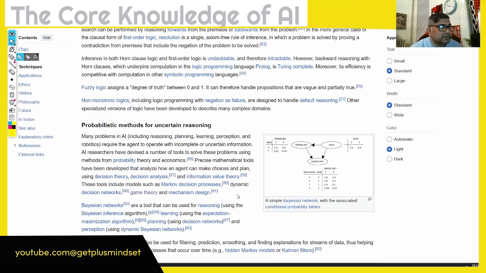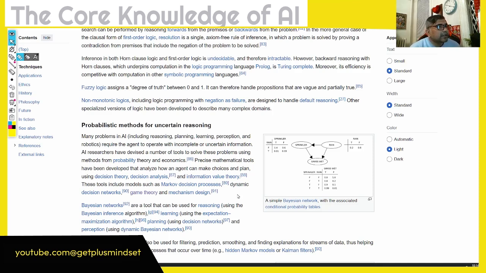Now how is it going to answer it? AI researchers have devised a number of tools to solve this problem using methods from probability theory, which belongs to statistics. A very simple example is tossing a coin: the probability of getting head is 50%, tail 50%, because there are only two options.